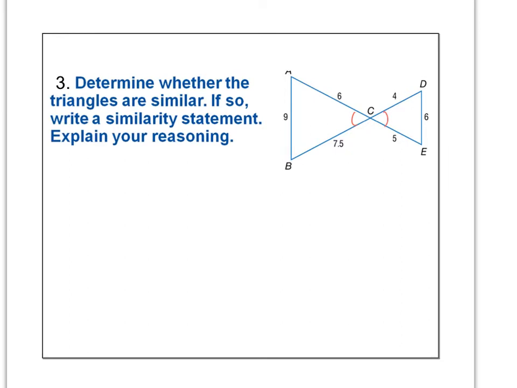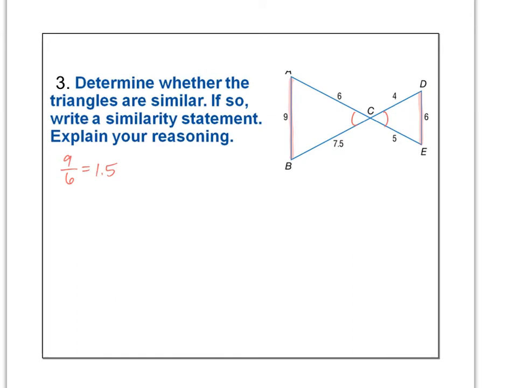What we have to do is check some of the sides. The longest side on the left triangle is the 9 and the longest side on the right triangle is the 6. Let's divide those, like finding the scale factor. 9 divided by 6 is 1.5.